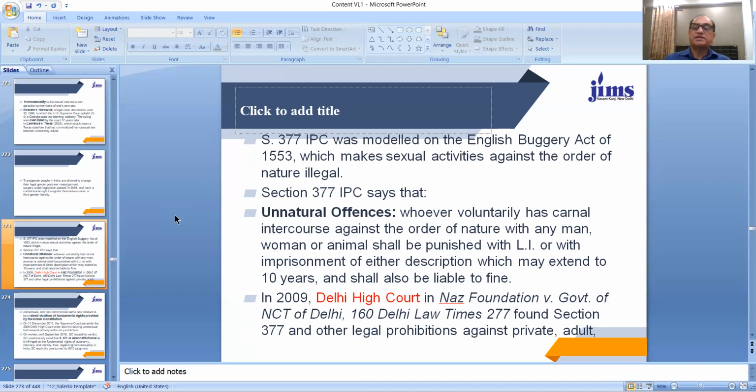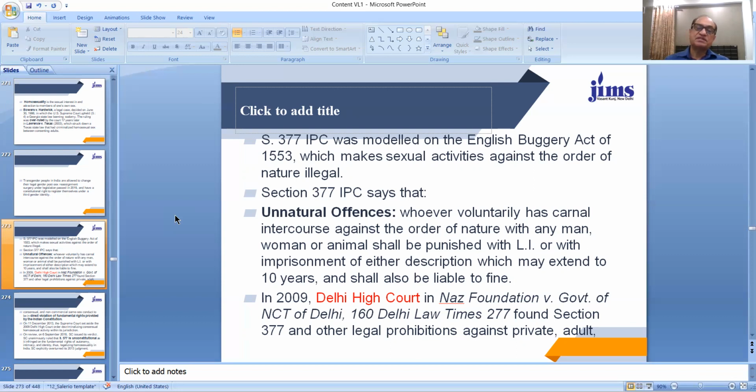Now, there is a very important Delhi High Court judgment on Section 377 of IPC, that is Naz Foundation versus Government of NCT of Delhi, published in Delhi Law Times, 160th volume, page 277.